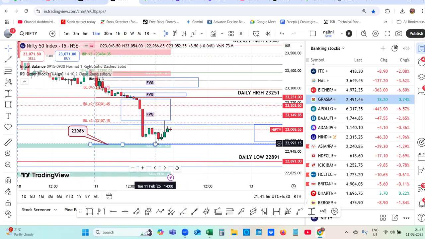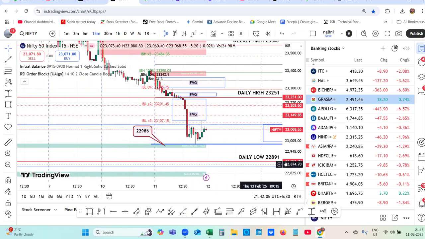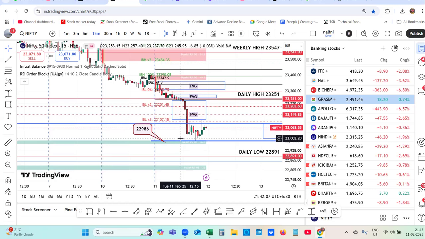From 22,993, the market rallied to 23,092. So this is how you can utilize the order blocks. What happens to the order blocks once the price penetrates below them? They will vanish.